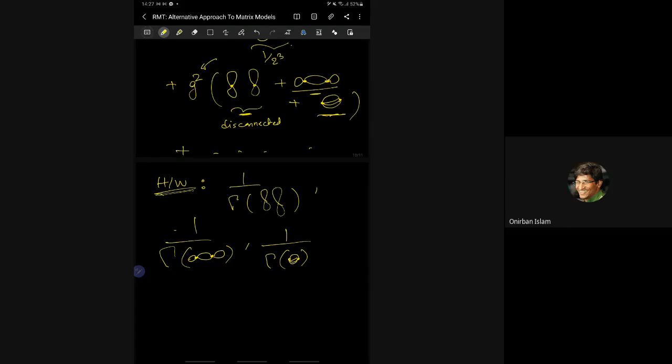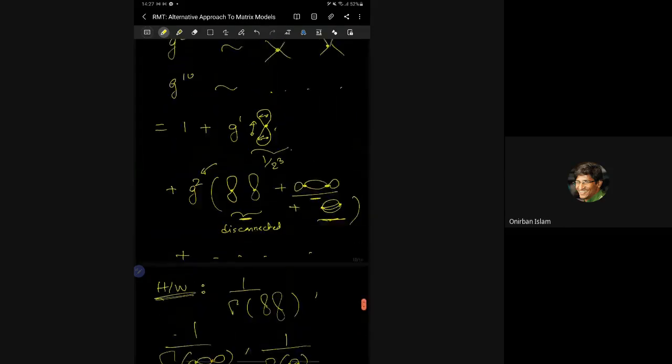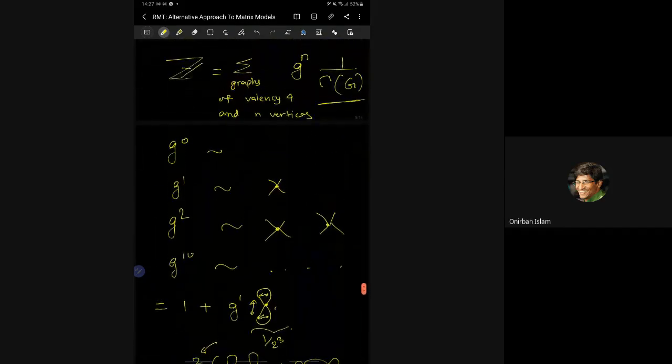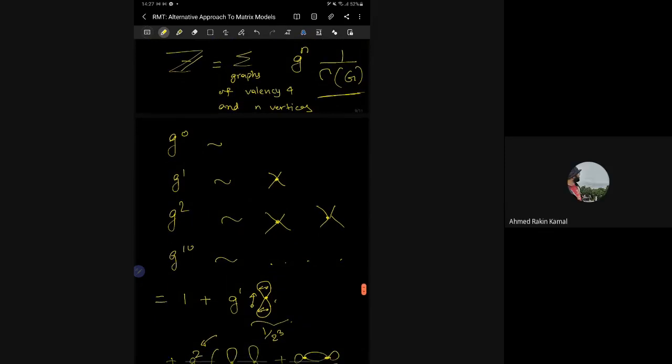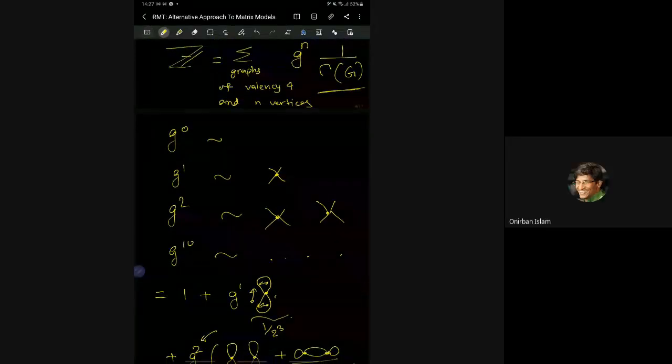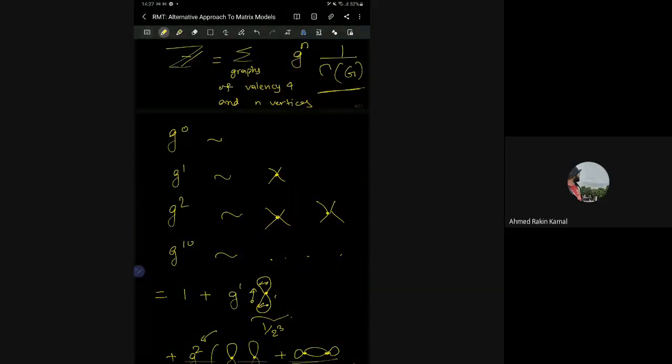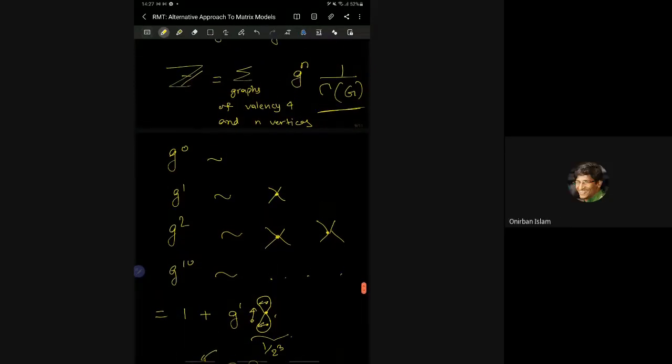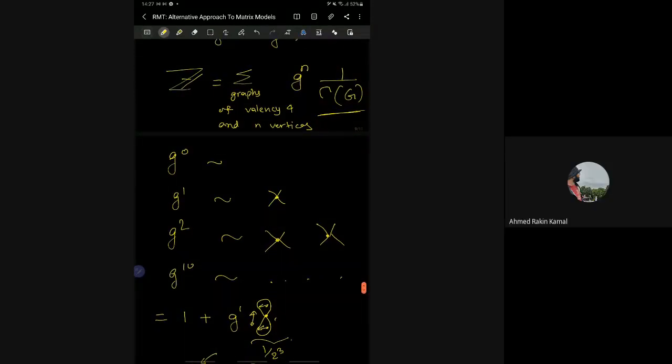And is this partition function convergent in this simple example? Or is it just a formal summation? It's just a formal summation. We're not thinking about the convergence in that sense, it's just a summation of the possible graphs you can have.